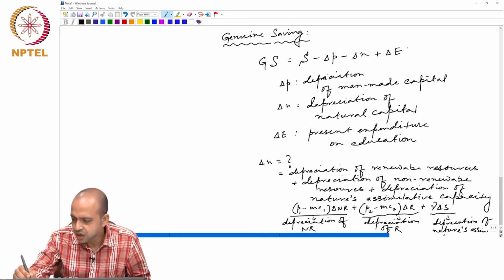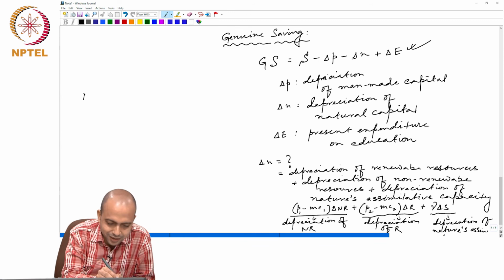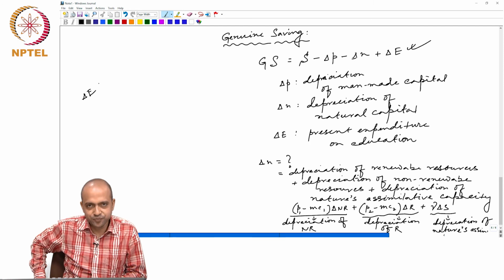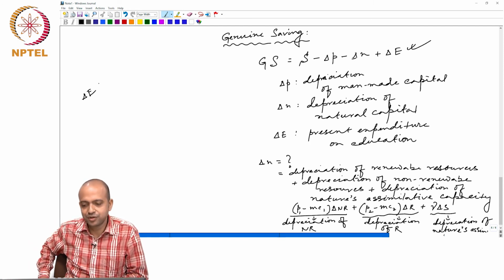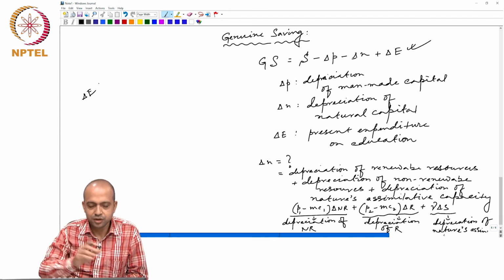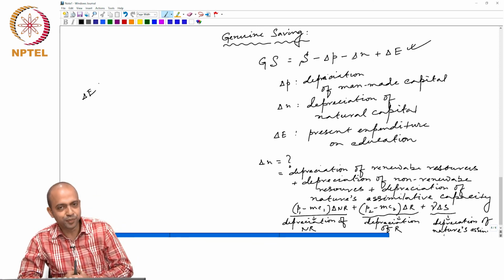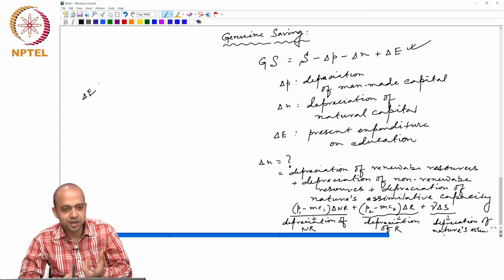Then the question is, why should I add delta E, the additional expenditure on education? Because when the economy is spending money on building educational infrastructure, that helps accumulate human capital.